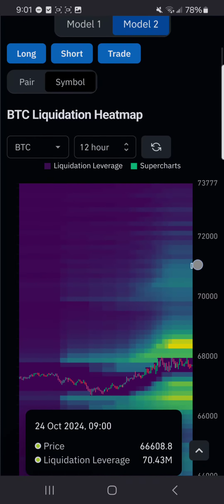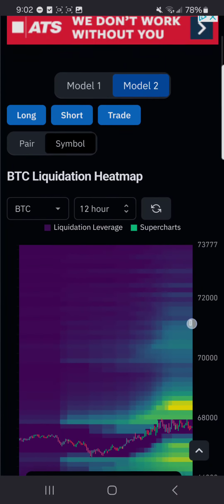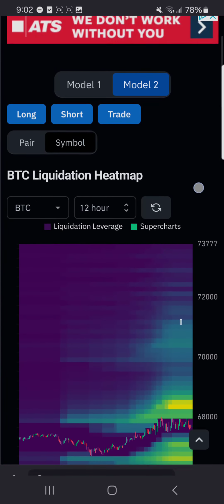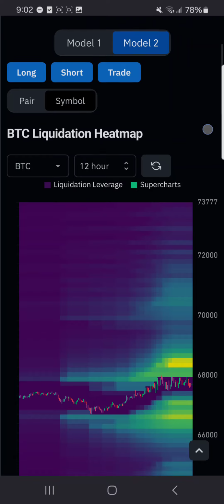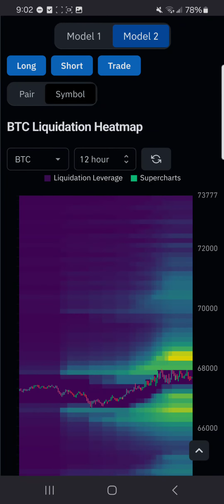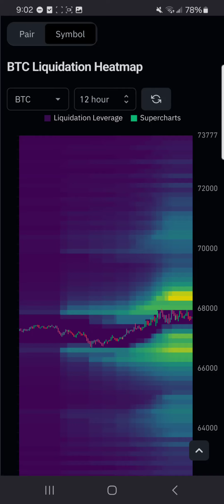I wanted to look at this, but this is a Bitcoin liquidation heat map on CoinGlass. I put the settings on the symbol here rather than trading pairs. I put it on the 12-hour time frame to get the most accurate data of what's going on right now, because this changes constantly.